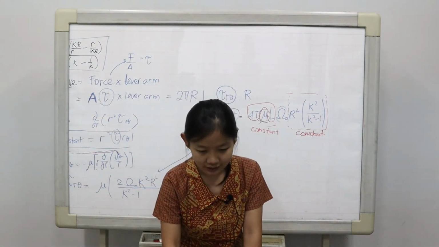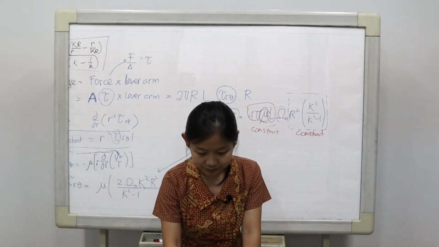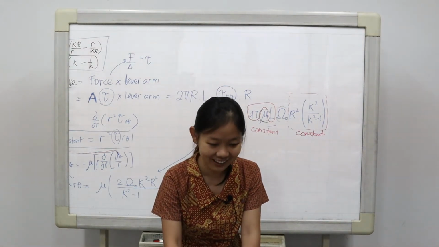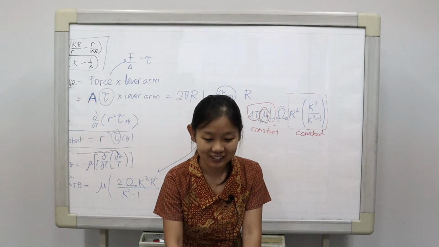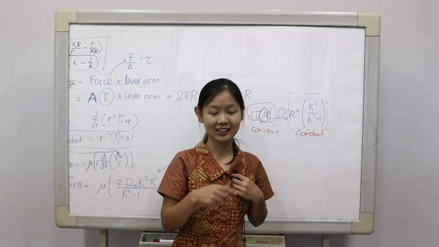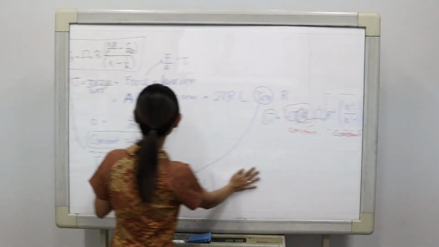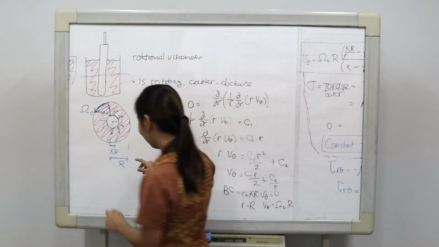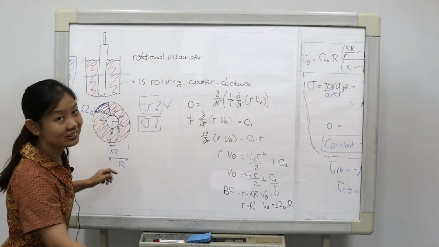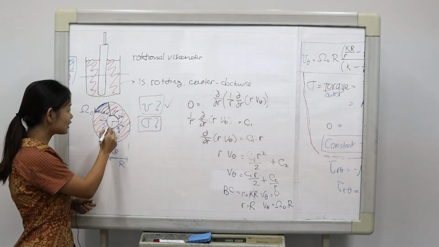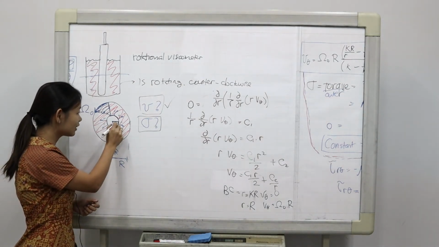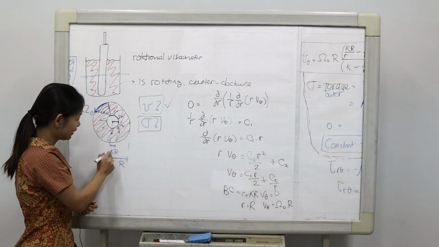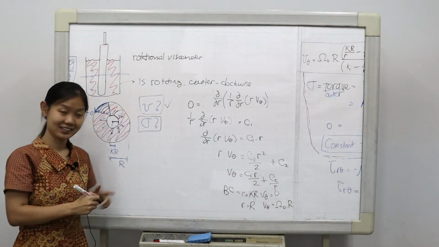Okay, there is a question. What is K? Sorry, maybe it's not clear in the beginning. K is here: the radius of the small cylinder inside is KR.